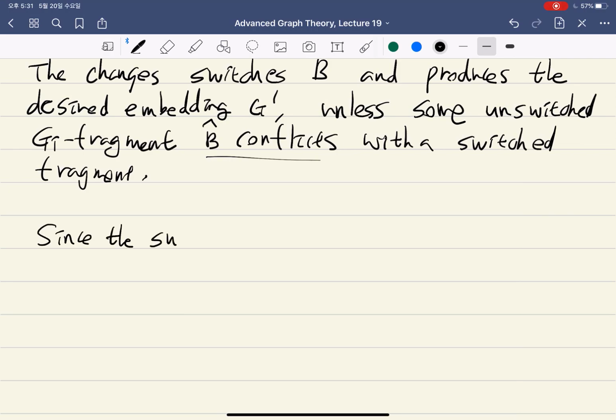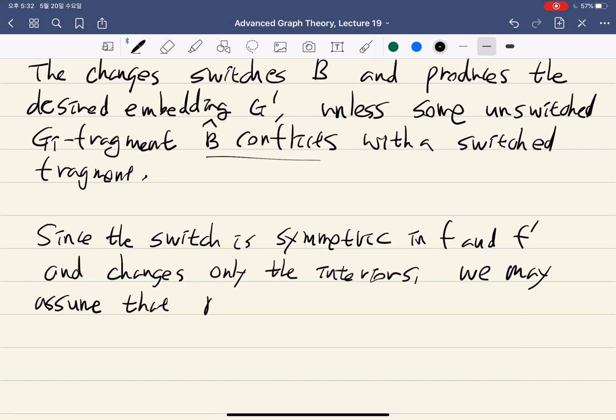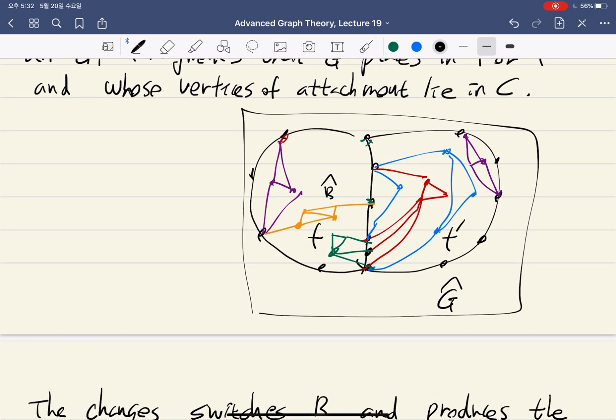Since the switch is symmetric in F and F prime and changes only the interior, we may assume that this B hat appears in, say, F in G hat, like here.